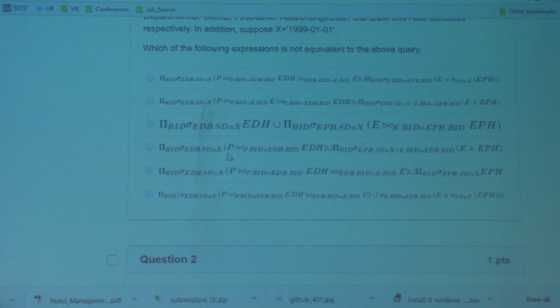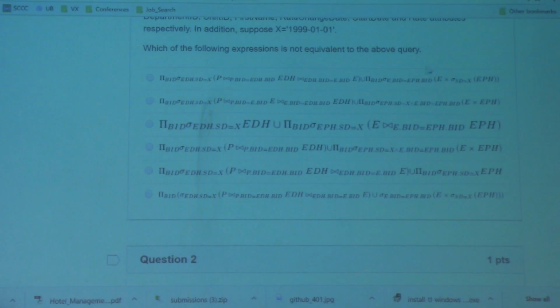So let's talk about the first option. Is the first option equivalent to that query or not? We are doing a join on person business entity ID, then EDH business entity ID, then employee business entity ID, and then we put this EDH constraint on that, union with employee business entity ID equal to business entity SD.